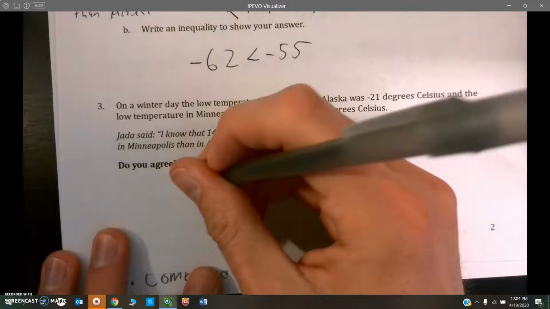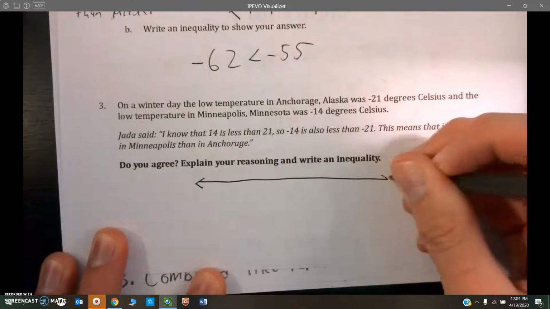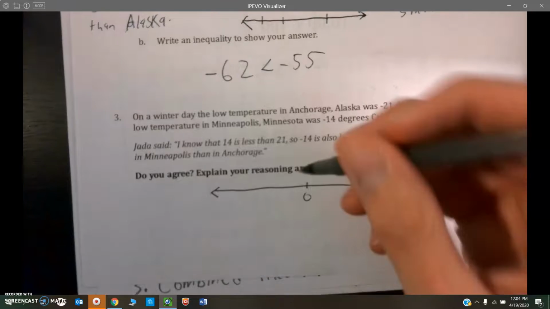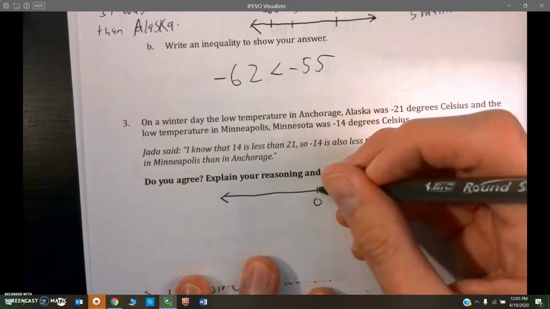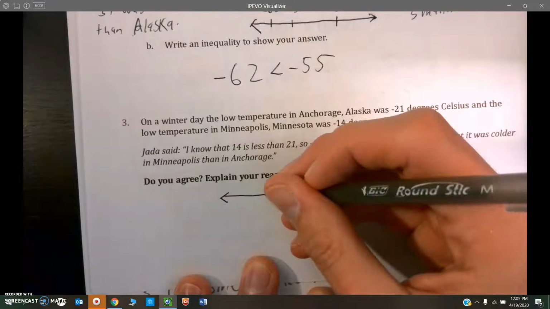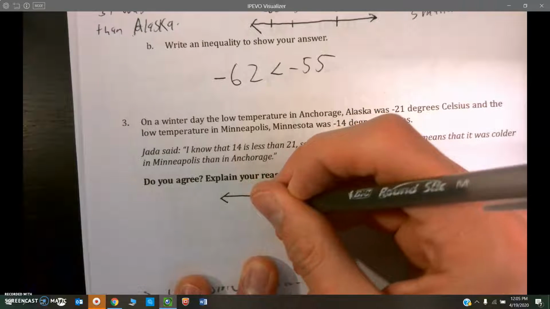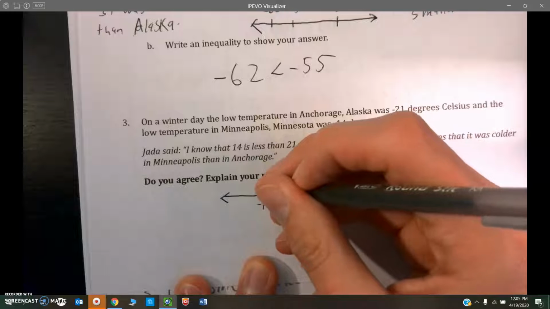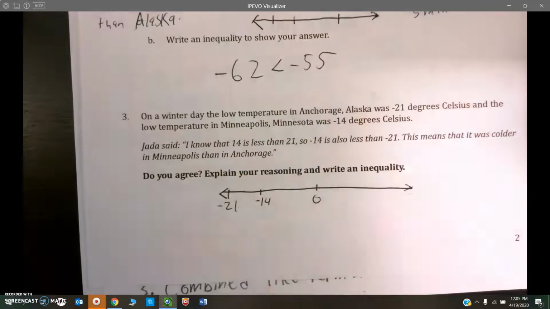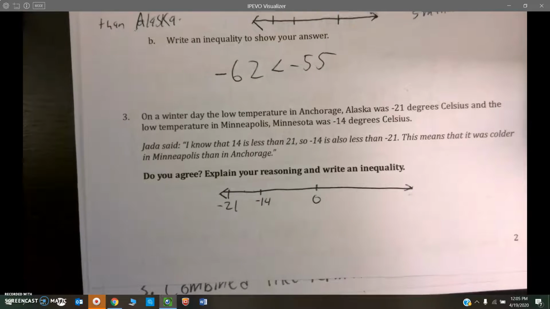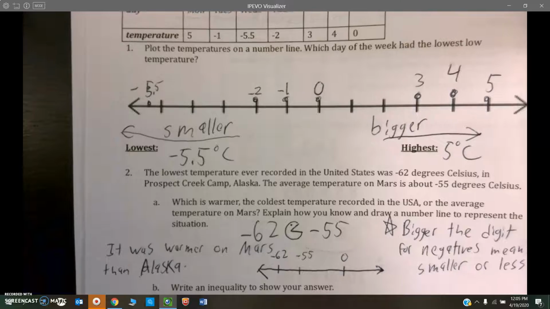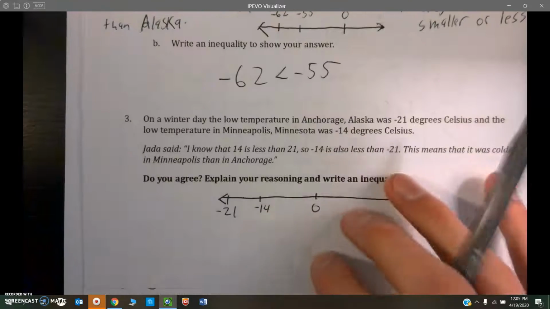So, let's think of our number line again. So if here's 0, we have -14 and -21. So negatives go to the left, -1, -2, -3, -4, -5, 6, 7, 8, 9, 10, -14, and then you would keep going, -15, -16, -17, -18, -19, negative 21. So, once again, the further to the left you go, the smaller the number is.